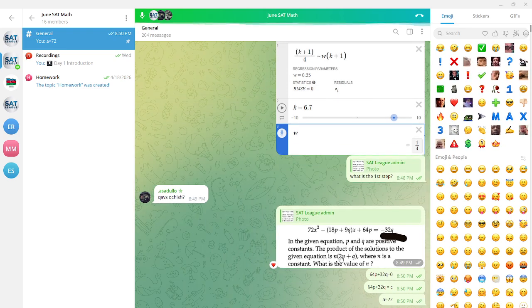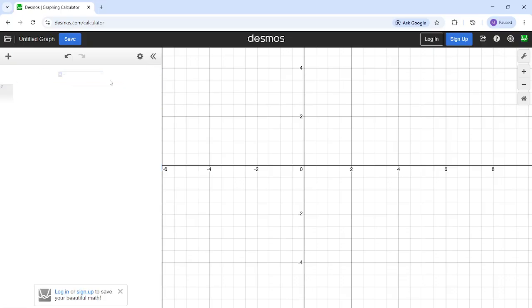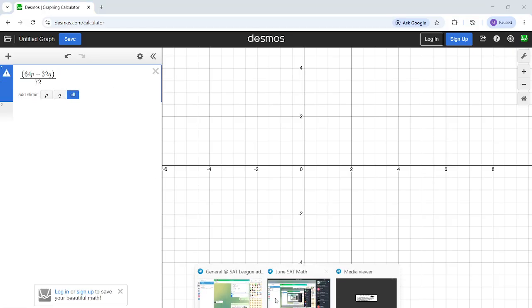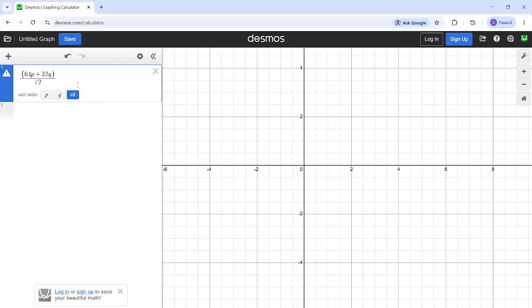And the product of them, basically C over A, is equal to this number. Let's equalize it. So what was the value? 64p plus 32q divided by 72, right? And it's equal to n times 2p plus q.